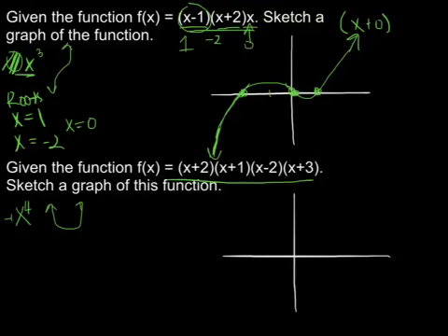Next, I want to decide on my roots. The roots that I get are going to be negative 2, that's from the first factor, negative 1, that's from the second factor, positive 2, that's from the third factor, and negative 3, that's from the last factor. So now that I have all the roots, I can go ahead and start sketching my graph. So I'm just going to mark where the roots are. I have one at -1, one at -2, I have one at +2, and another one at -3.